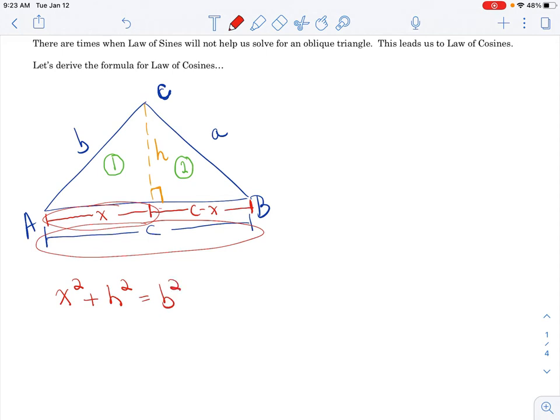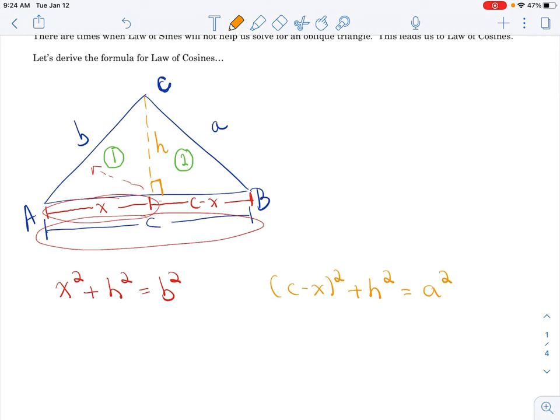We know b is the hypotenuse because it's across from the right angle. So let's do the same for triangle 2. That would be c minus x squared plus h squared equals my hypotenuse squared.